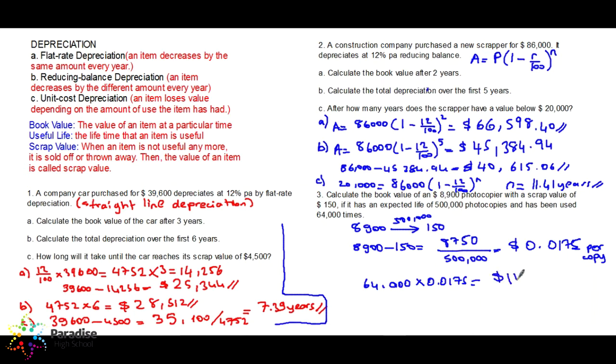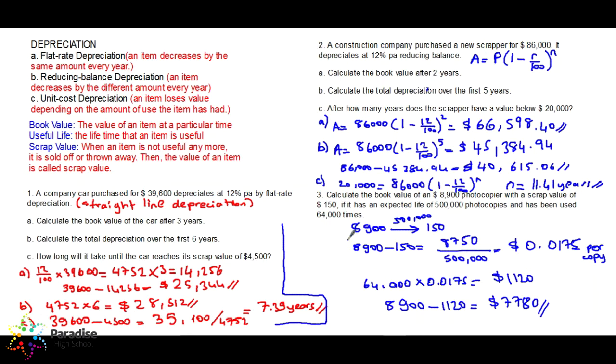So you are going to lose $1,120. Then what will be the book value? 8,900 minus 1,120. $7,780. When you make 64,000 photocopies, then the book value will be $7,780.